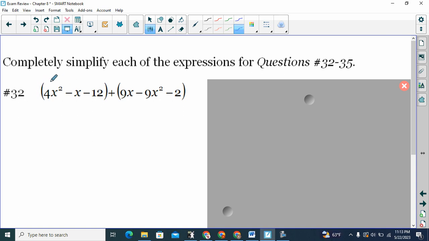Here I'm just distributing a positive 1. If I multiply by 1, that just gets me the same thing back. So this, I just have 4x squared minus x minus 12. And this, I'm distributing a 1. If I distribute a positive 1, again, that just gives me the same thing back. Plus 9x minus 9x squared minus 2.